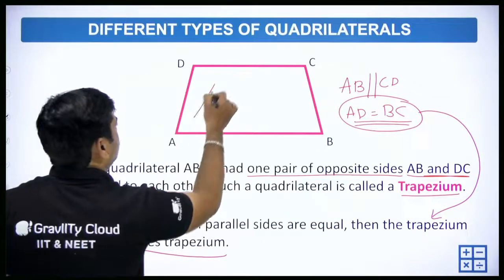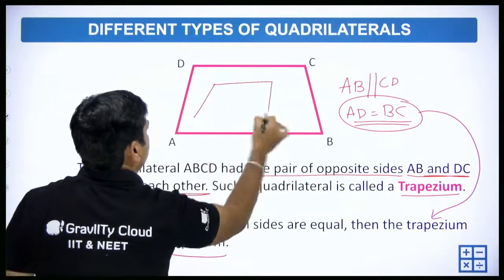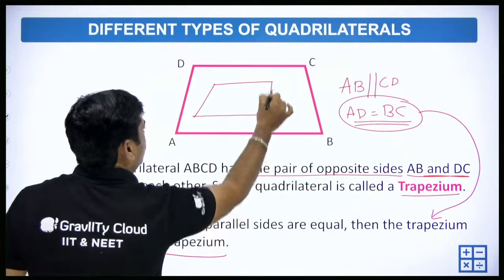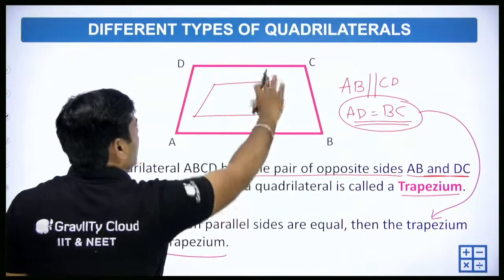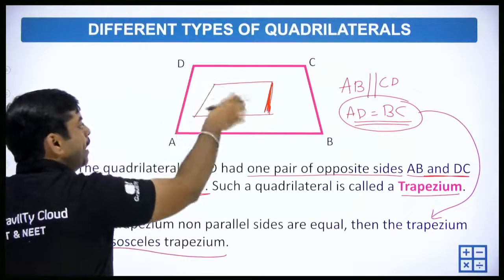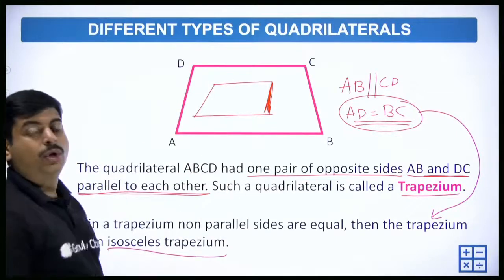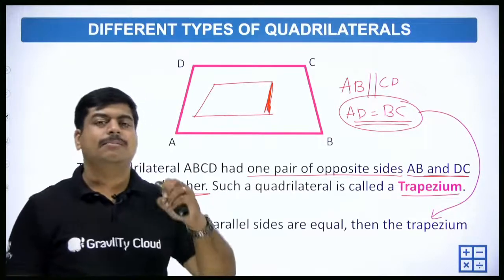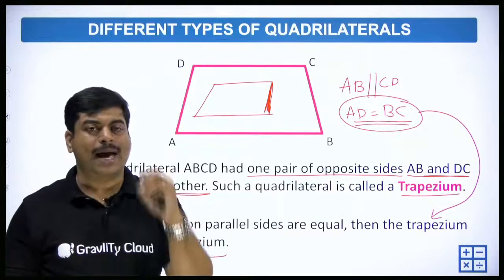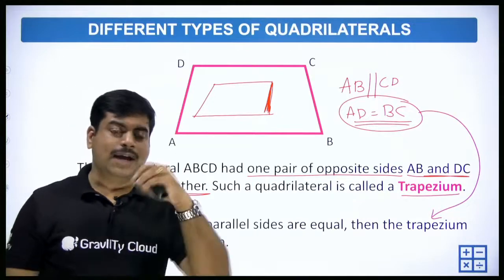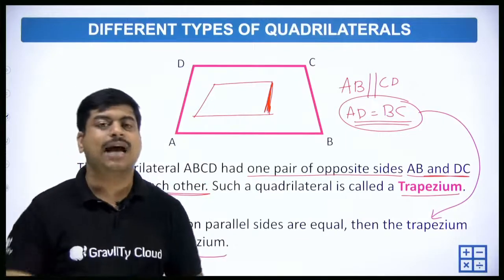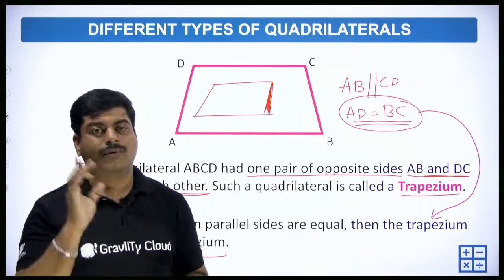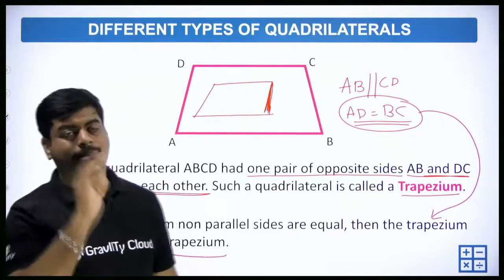I'll draw here only. You can see here these two opposite sides are not equal. Although these 2 are parallel, the other 2 sides are not equal. So it is enough to define a trapezium if 1 pair of sides is parallel. But if the other 2 sides are equal, then we can say that it is an isosceles trapezium.